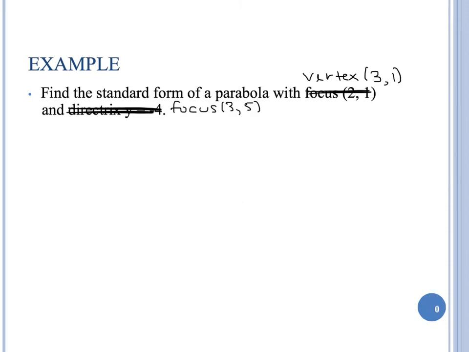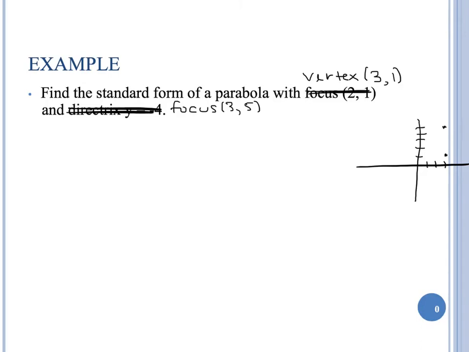Question is, is this an x squared or is this a y squared? So if you have graph paper, you might want to use it, but I'm going to try to do a really quick sketch over here. 1, 2, 3. There's 3, 1. That's my vertex. And my focus, 1, 2, 3, 4, 5.